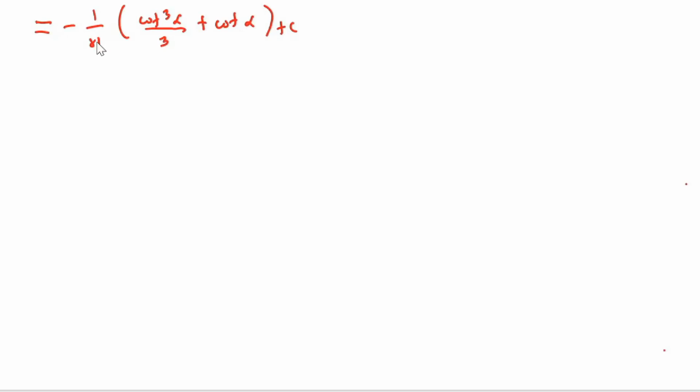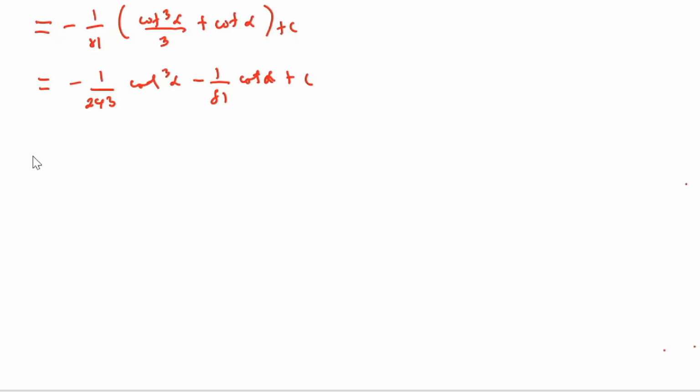First of all, I'm going to use the distributive property. It will give us now the product of negative 1 over 243 of cotangent cubed alpha. Negative 1 over 81 times cotangent alpha will give us negative 1 over 81 of cotangent alpha plus a constant.